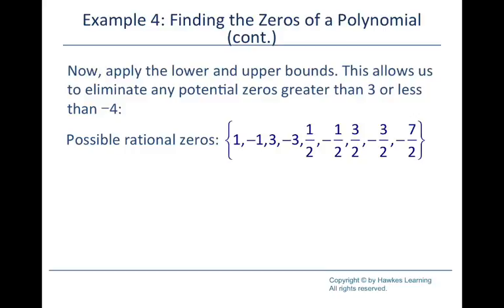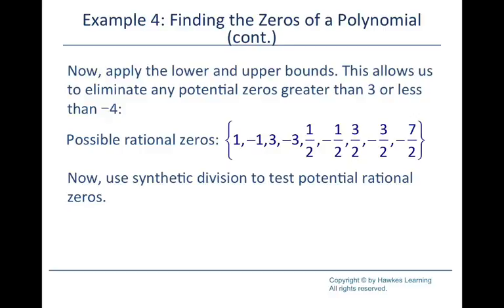And they didn't put plus or minus in front. They listed all of the zeros, either positive or negative, inside this set notation here. So 1, negative 1, 3 or negative 3, 1/2, negative 1/2, 3/2, negative 3/2, and negative 7/2. Again, the positive 7/2 was too big, so we don't even have to try it.